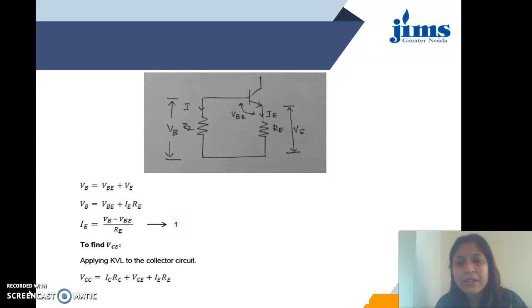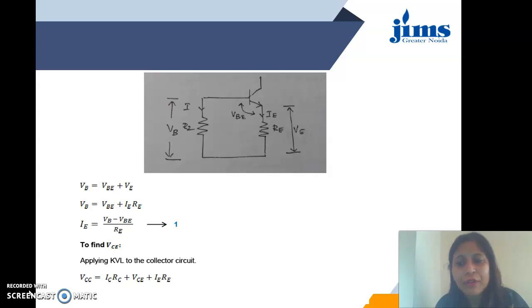In this particular network we will not be deriving the value of IB from the KVL at input port, as we were doing in the previous networks of fixed bias and collector to base bias. In this method we will be focusing on determining the value of IE from the input port. Now we have to determine the value of VCE, so for that we will be applying KVL at output port, and we know that KVL is VCC equals IC RC plus VCE plus IE RE.